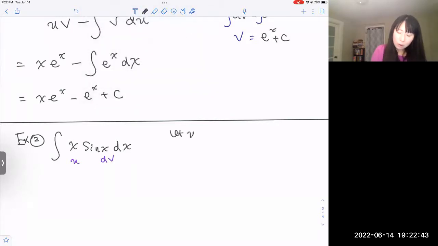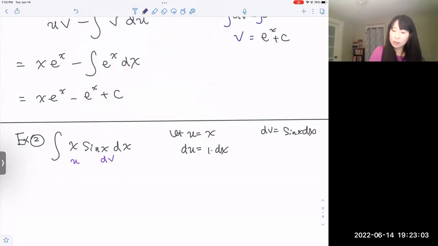Let u equal to x, derivative, what do you get? 1 times dx, good. Now dv, which is sine x dx.